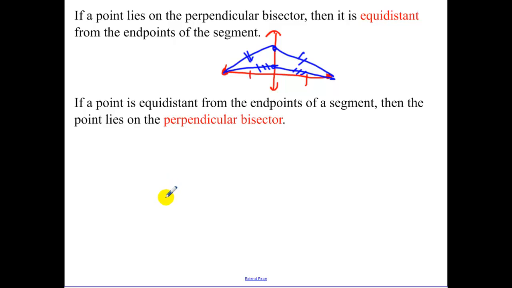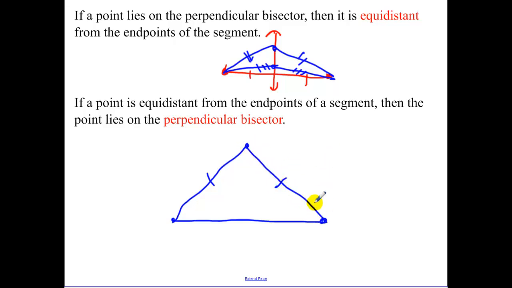And if a point is equidistant from the endpoints of a segment, so if you have a point up here, and when you draw, and we're equal, that point is going to be on the perpendicular bisector of our segment.